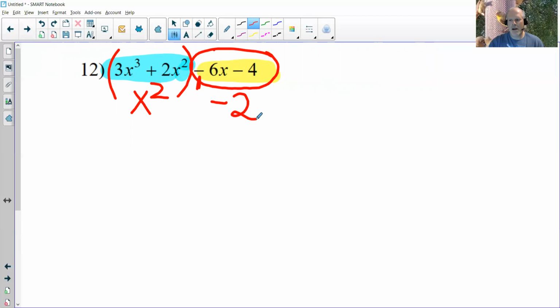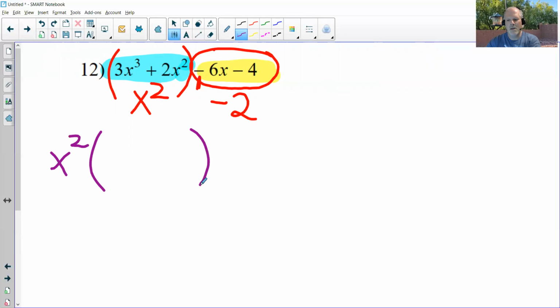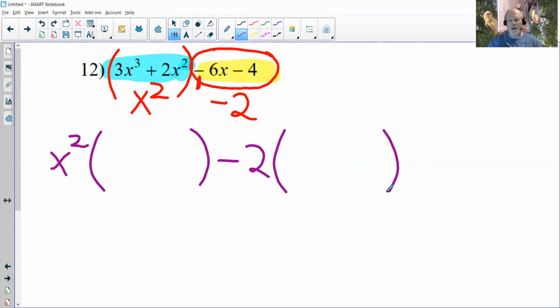All right, so let's write our polynomial, or rewrite it, with these GCFs factored out. So we'll put x squared times some stuff, and then we're going to put minus 2 times some stuff.